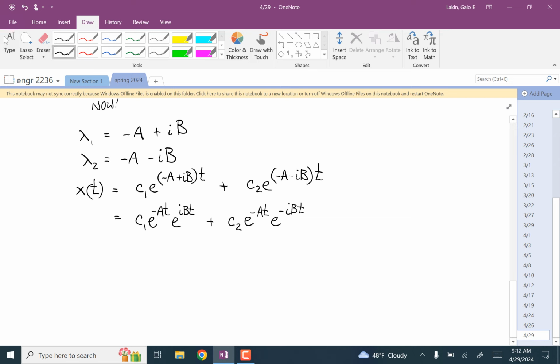And now I'm going to rearrange this, and I have x as a function of time is equal to, I'm going to pull out the e to the negative at. And then we're multiplying that by c1 e to the ibt plus c2 times e to the negative ibt.